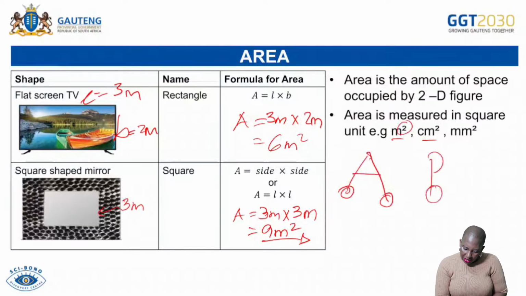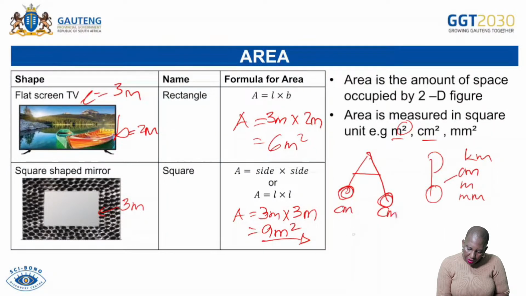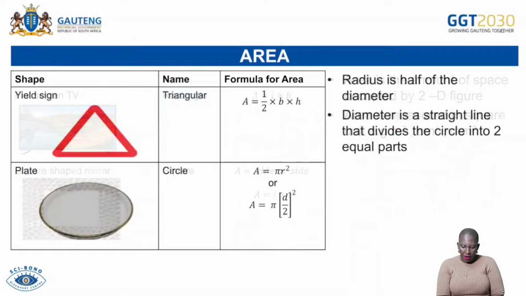So meaning it's single unit. It will be in centimeters, meters, millimeters, or kilometers. It depends. And then for the area, because there are 2 legs here, the unit will be, if it's centimeters, that means it will be centimeter square. Don't forget that one, boys and girls. Here is just for you to remember.